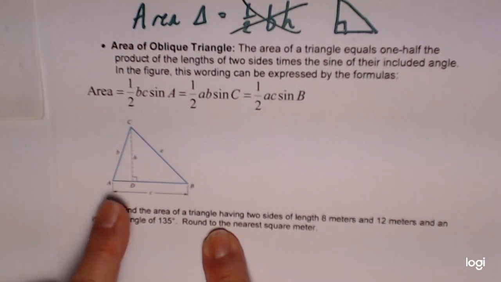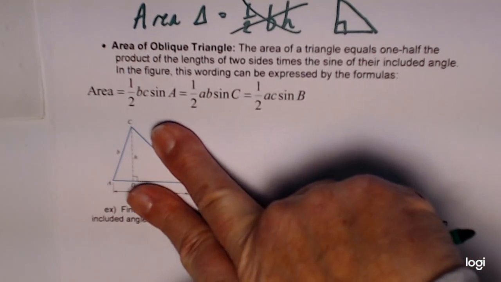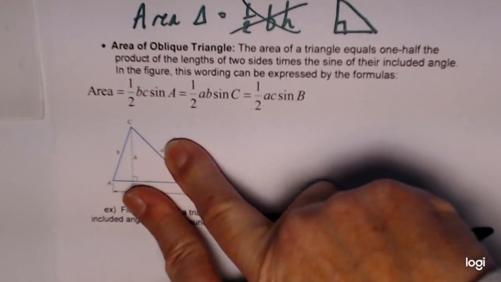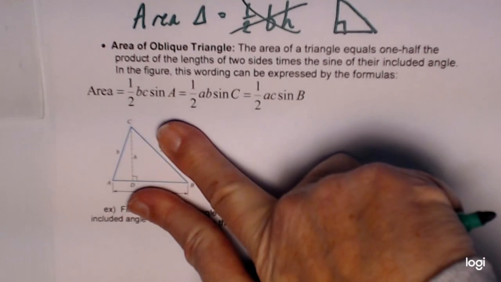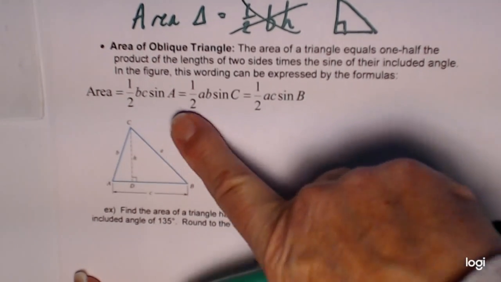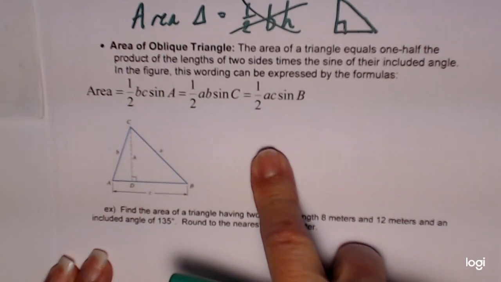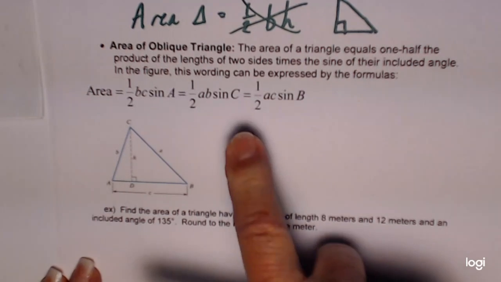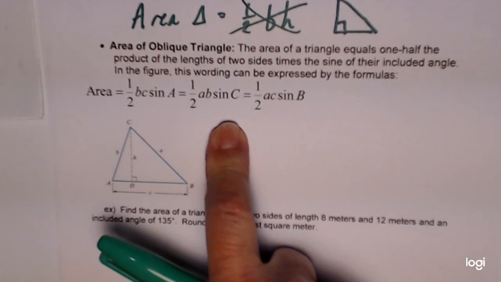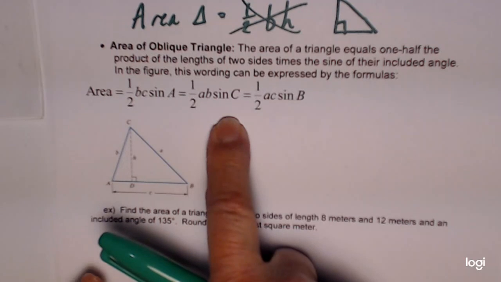This time we're going to be looking at side A and side C, and we're going to be multiplying by the sine of angle B, which is the angle in between side A and C. So this formula says if you have two lengths of the sides of a triangle and you know the angle in between those two sides, you're going to be able to use this formula to find the area.